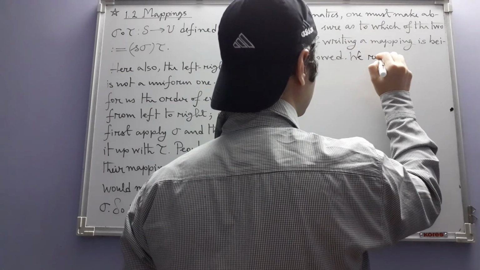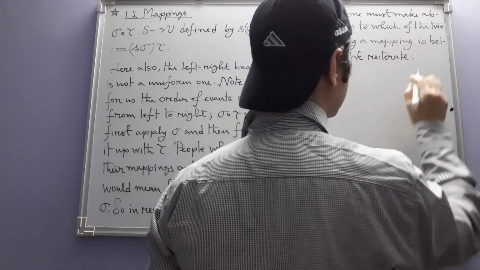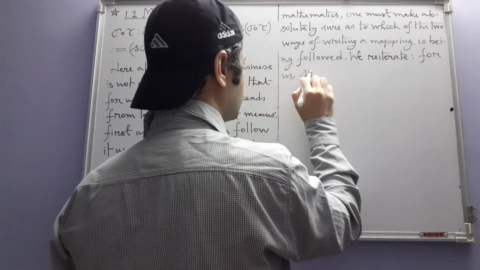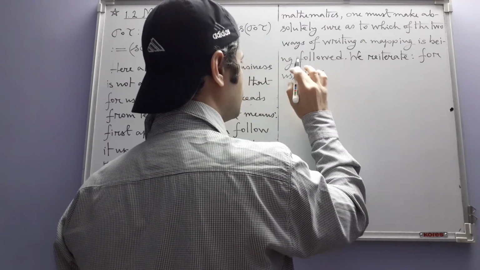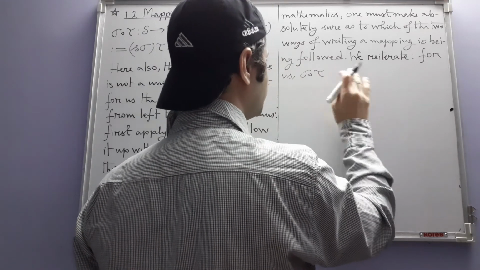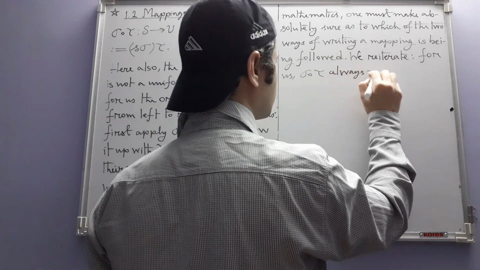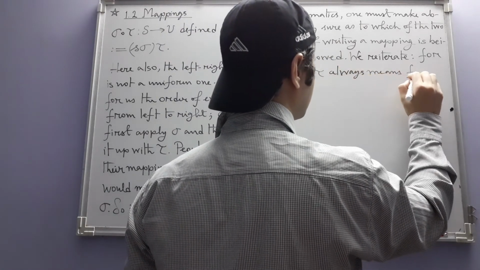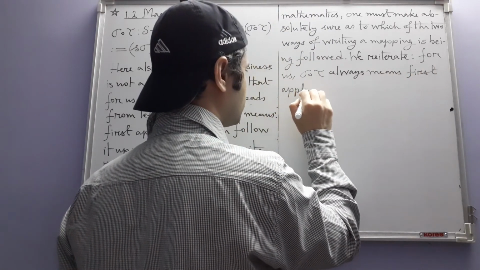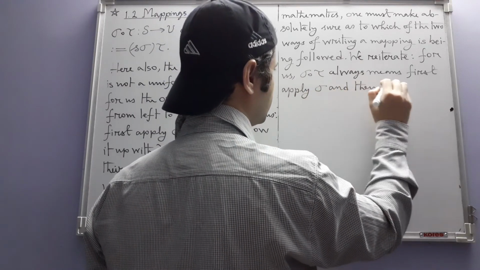We reiterate, we are going to repeat this. For us, sigma composition tau means, or always means, to emphasize it even more, first apply sigma and then tau.